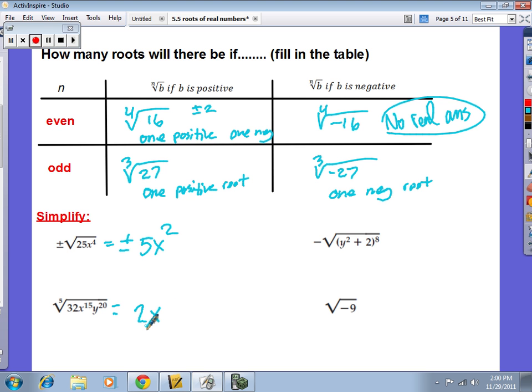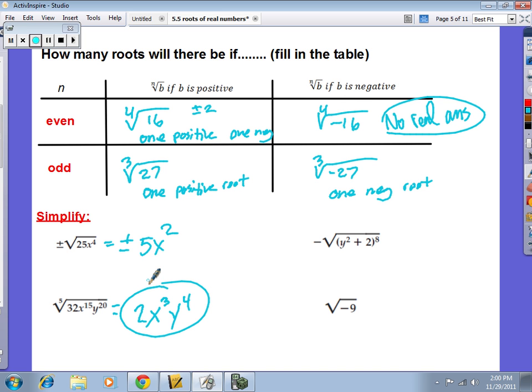No. X to the third. Why third? 3 times 5 is 15. What is the fifth root of y to the 20th? Y to the 4th. Tanner, you got that? The variables are trickier. You cannot do them with the calculator.